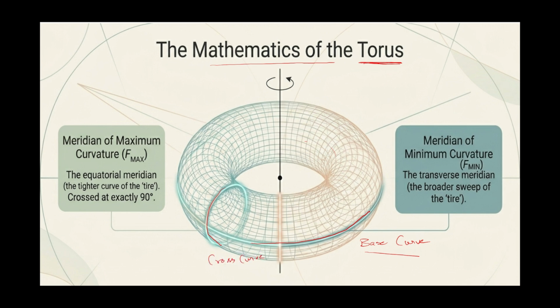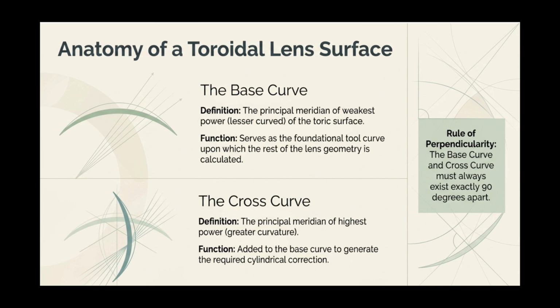So in short, any toric surface has to have two curvatures. One is the weaker curve known as the base curve, and another one is the cross curve, which is the more prominent or stronger one. Let me reiterate it. The anatomy of our toric lens surface has two curves, the base curve and the cross curve.